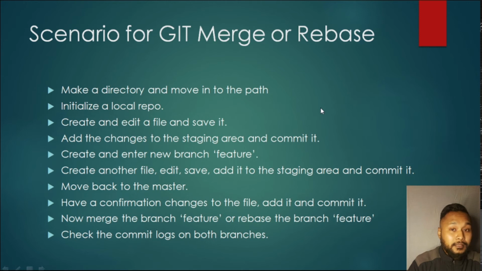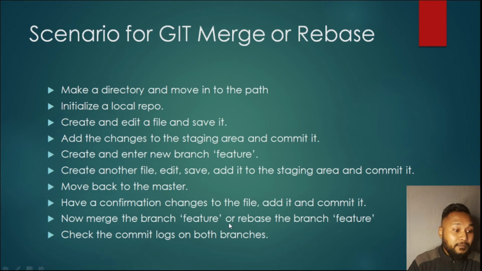We initialize a local repo, create and edit a file and save it, add the changes to the staging area and commit it, create and enter a new branch called feature, create another file, edit, save, add it to the staging area and commit it. Move back to the master, make changes to the file, add it and commit it.